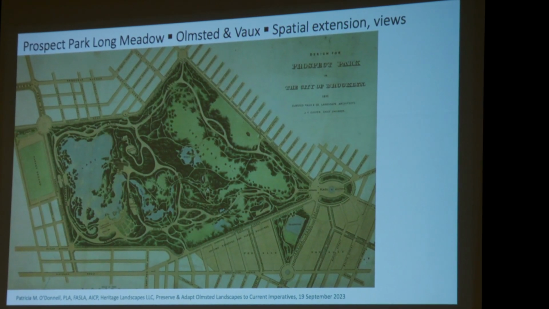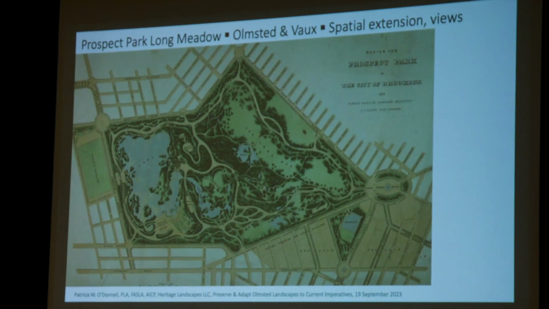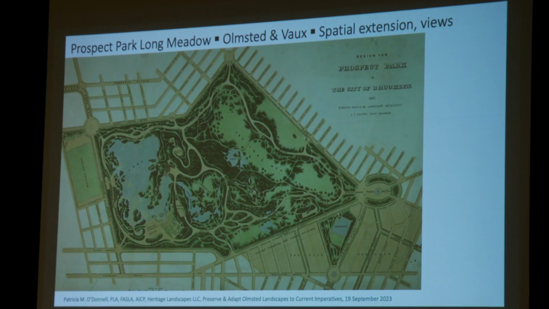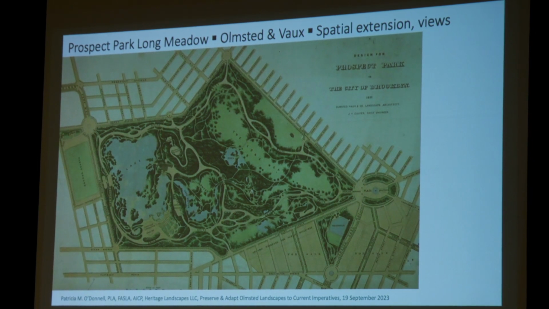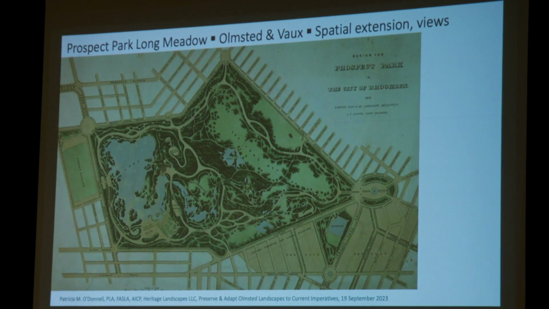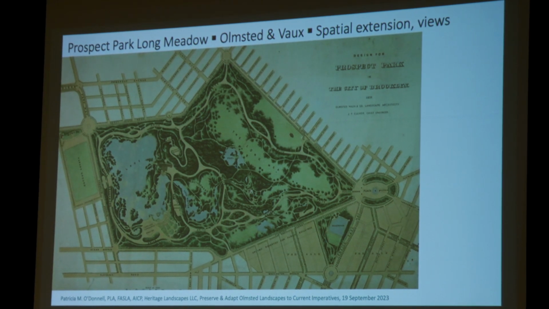So at Prospect Park for the Long Meadow, Olmsted and Vaux really focused on and elaborated the landscape in 3 zones: the Long Meadow, the ravine, and the lake. And in each case created spatial extension and views throughout those areas by a woven and elaborate circulation system.